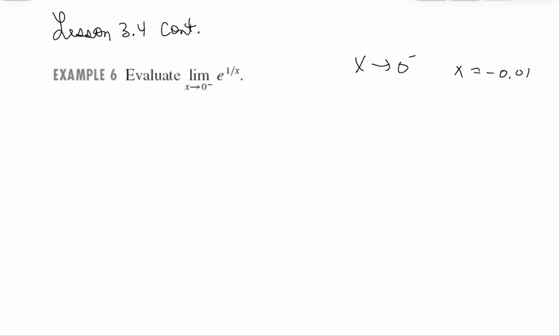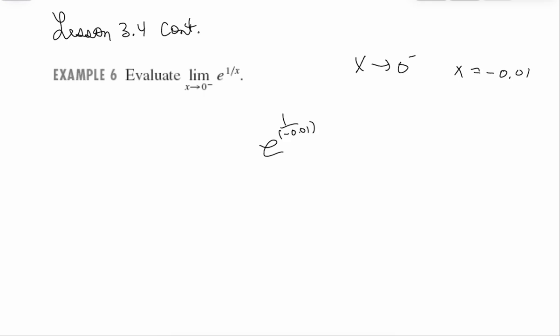Okay. Let's plug it in to help us figure out what is happening. If we do e to the power of 1 over negative 0.01, let me tell you what we get here.